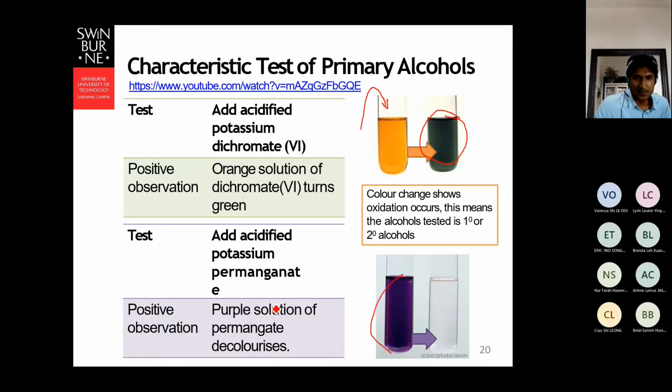Potassium permanganate is purplish in color. If I add some first or second degree alcohol to it, it changes color and becomes colorless. So this is the way we can find out if the alcohol is first degree, second degree or tertiary.